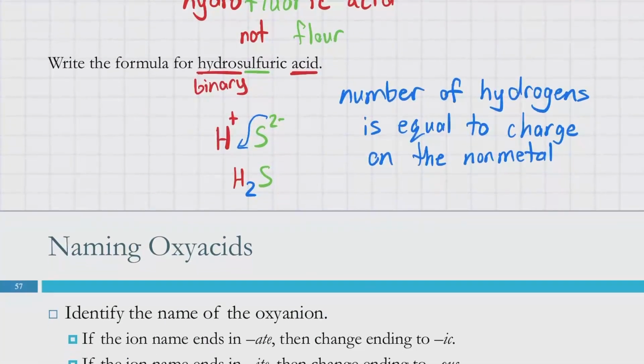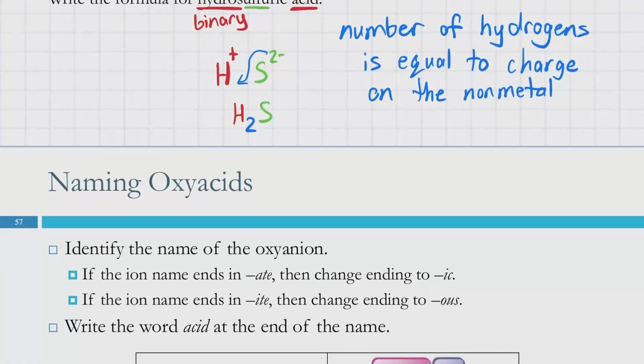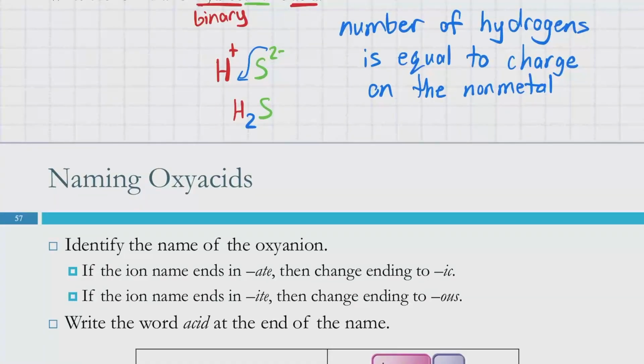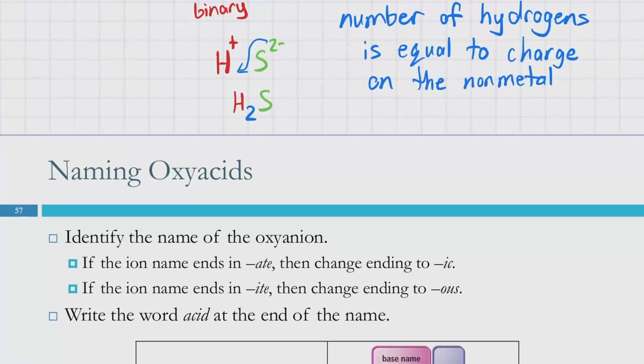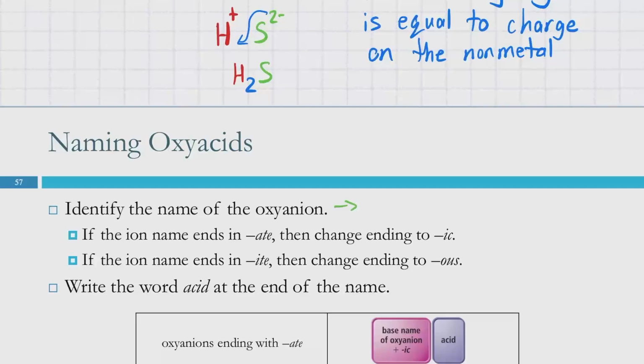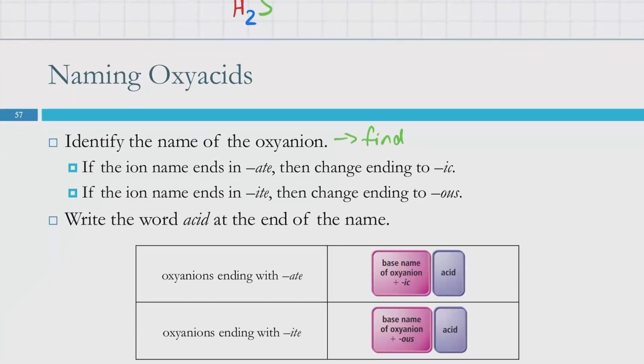So for our oxyacids, we need to identify the name of the oxyanion. This is if we're working from the formula to the name.